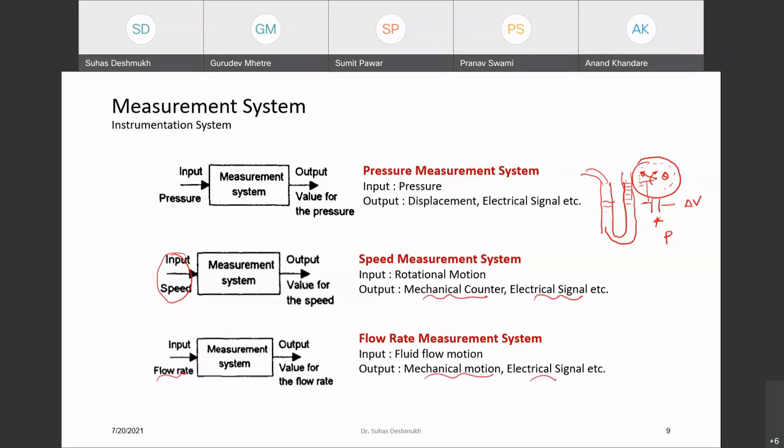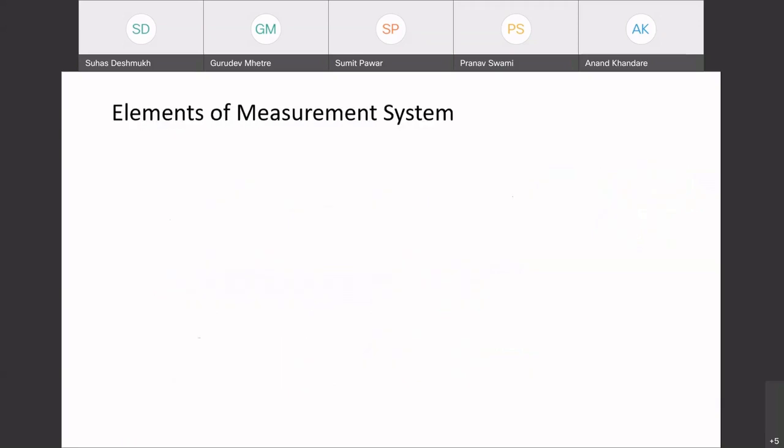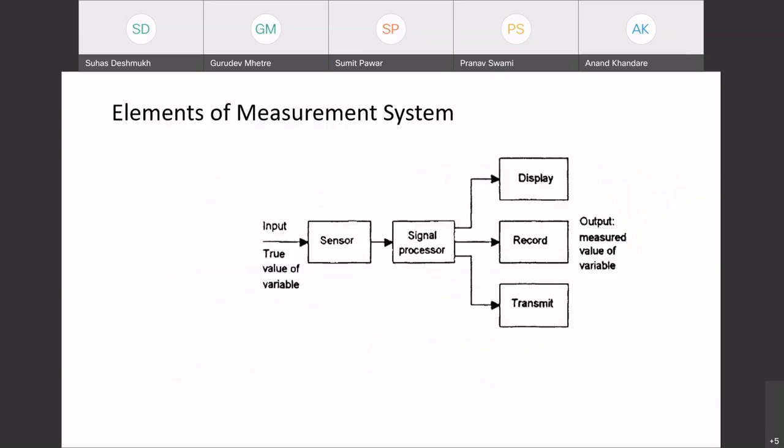You might remember the rotameter. In the rotameter, there is a sensor rotating with that particular speed, and the rotameter takes the position of that floater. That whole thing can be further converted into an electrical signal, in a flow rate measurement system. Nowadays ultrasonic sensors also come, and they do the same thing.